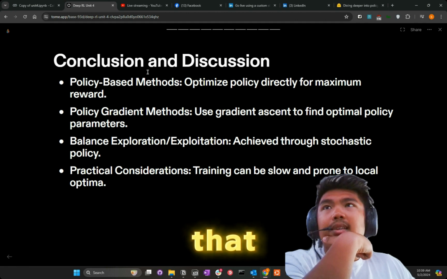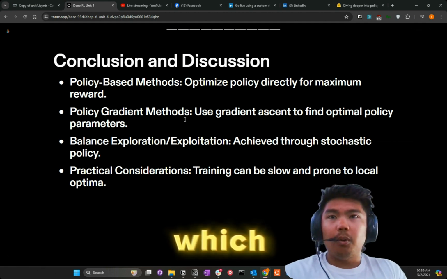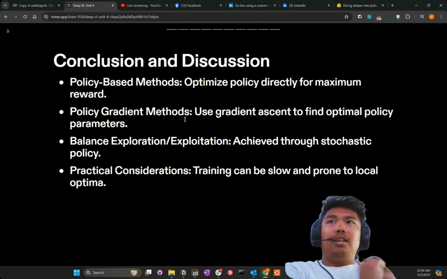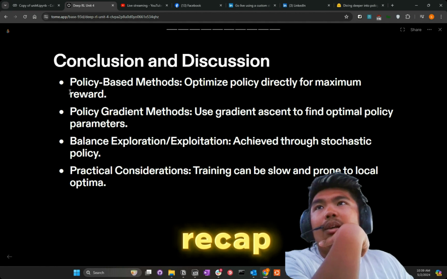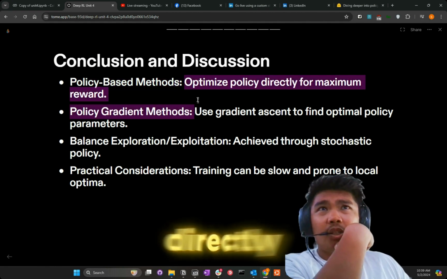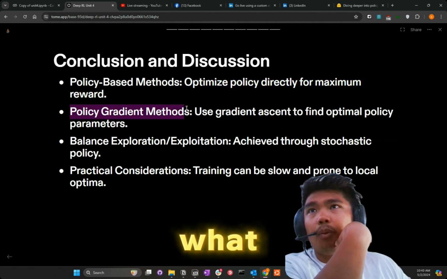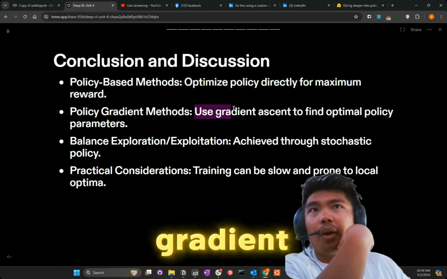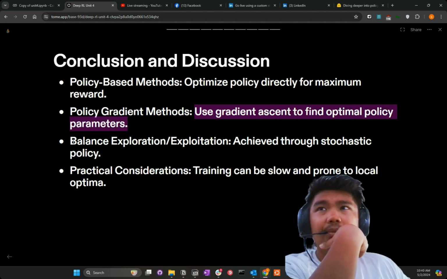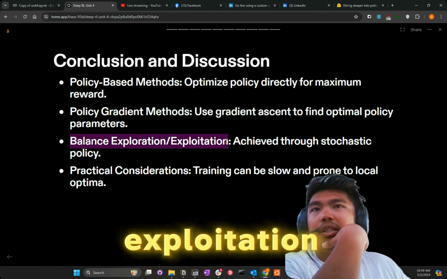And with that concludes Unit 4, which is Policy Gradient with PyTorch. So recap, policy-based methods optimize policy directly for maximum reward. What are policy gradient methods? They use gradient ascent to find optimal policy parameters. What is this concept of balancing exploration and exploitation?